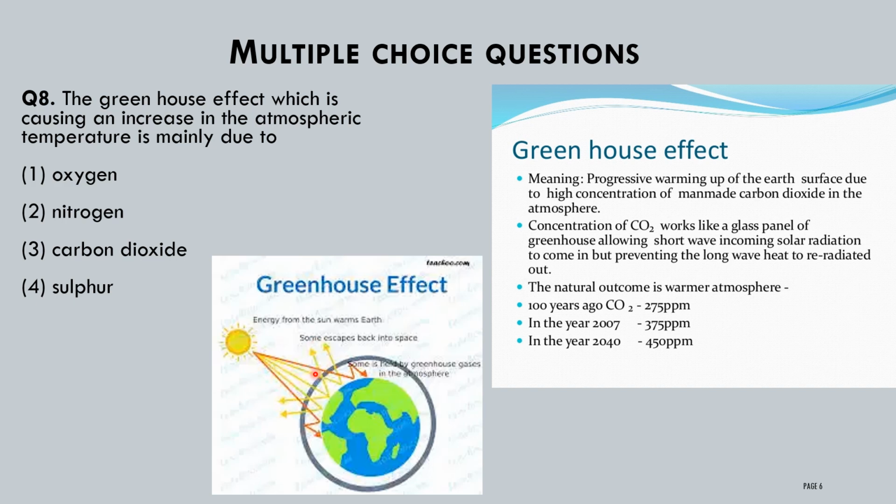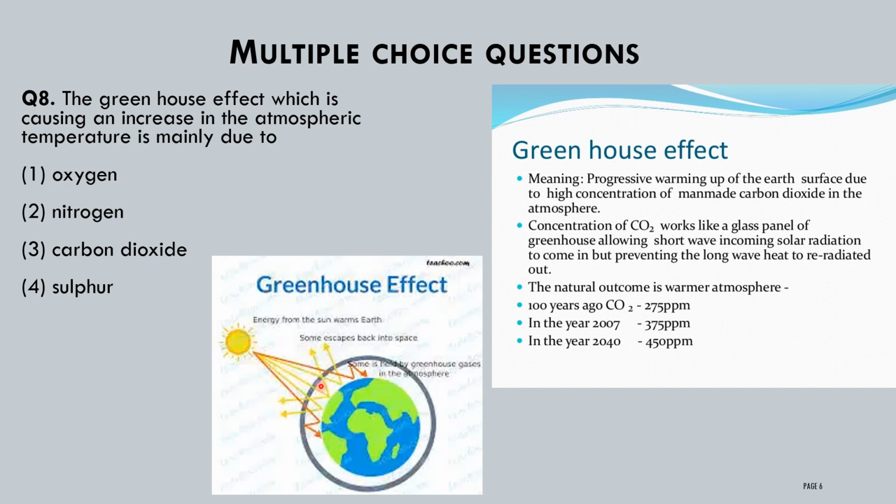But because of the presence of carbon dioxide, the atmospheric temperature increases. This forms a glass panel, or glass layer, around the earth's atmosphere. Then it will not allow the radiation to escape from the earth's atmosphere.